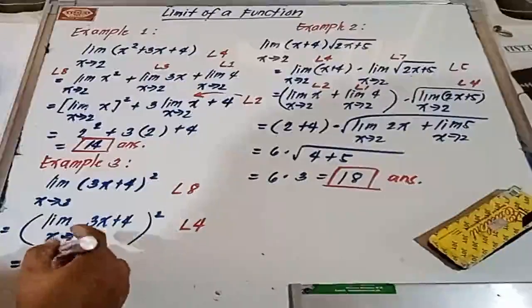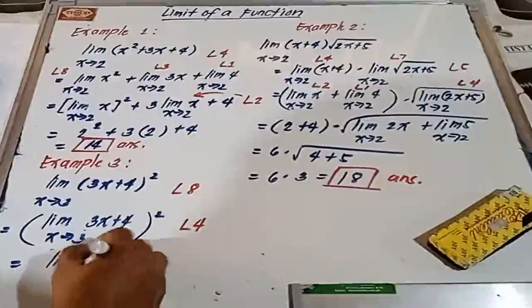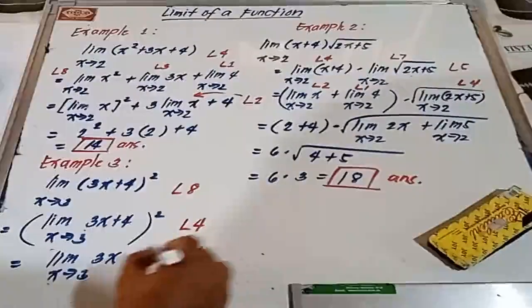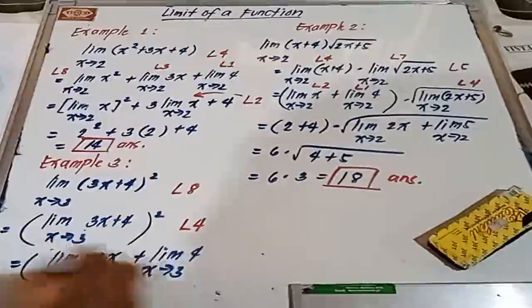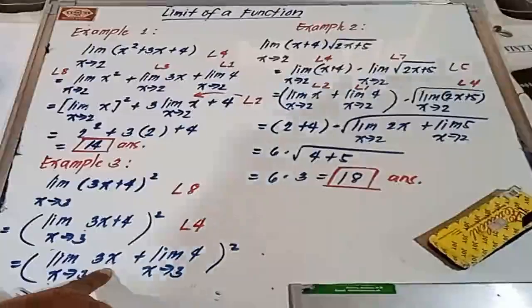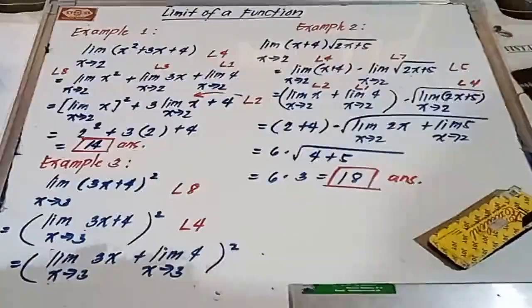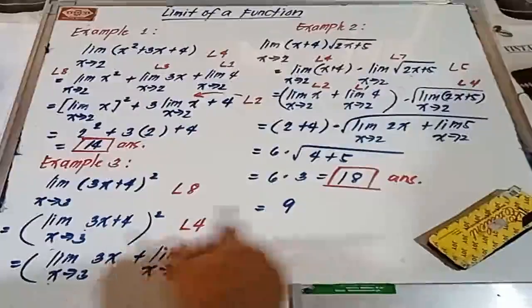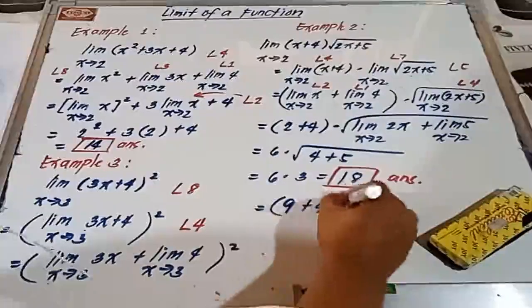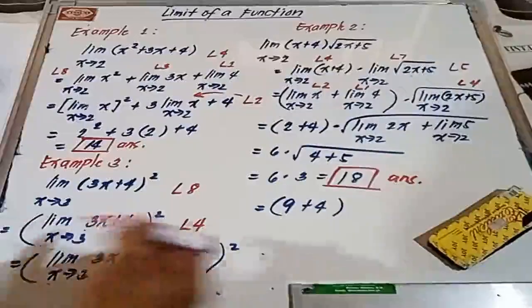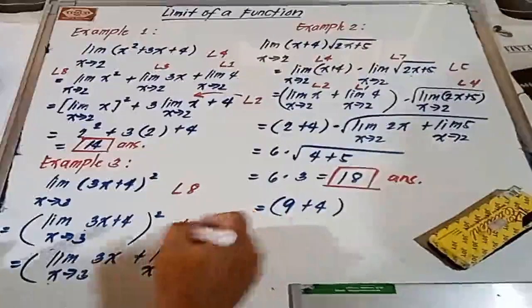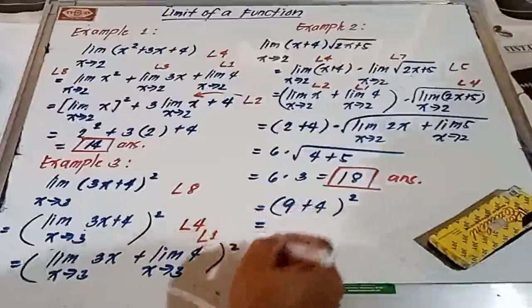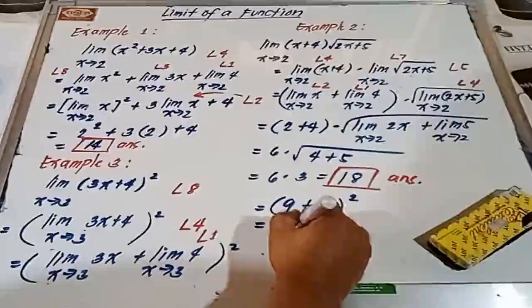So that will be the limit of 3x as x approaches 3 plus the limit of 4 as x approaches 3, and then squared. Hindi ko na gagamitin yung limit number 3. Diretso ko na. So that will be 3 times 3, that will be 9. Limit of a constant is constant. That is limit theorem number 1. And then squared. 13 squared is equal to 169.